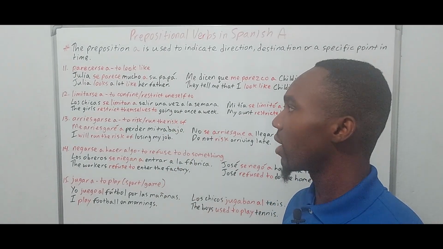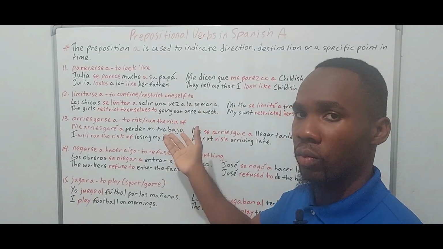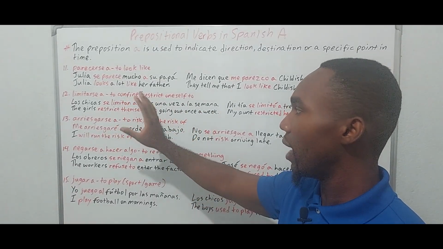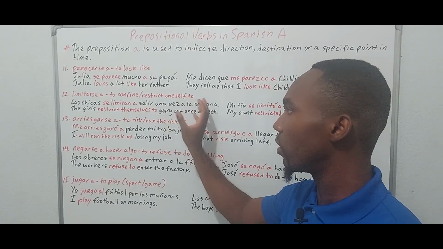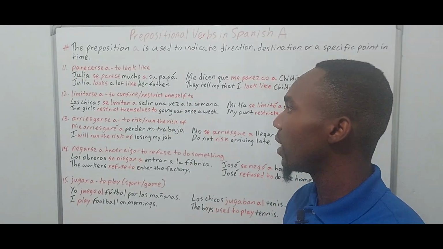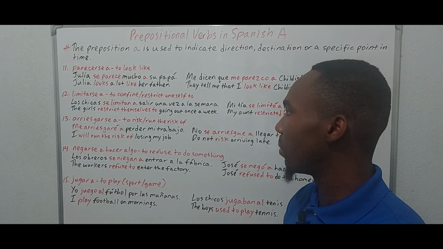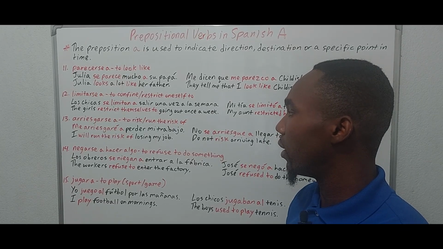12, limitarse a. This should be followed by a verb or a noun. In the first example, we have a verb. That means to confine or restrict oneself to. Las chicas se limitan a salir una vez a la semana. The girls restrict themselves to going out once a week.